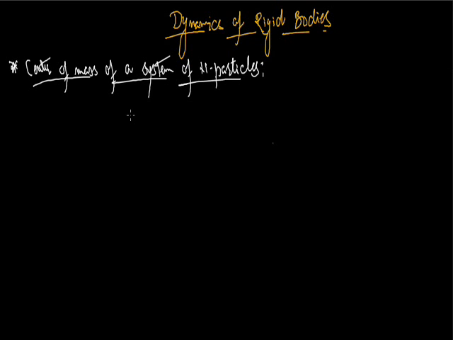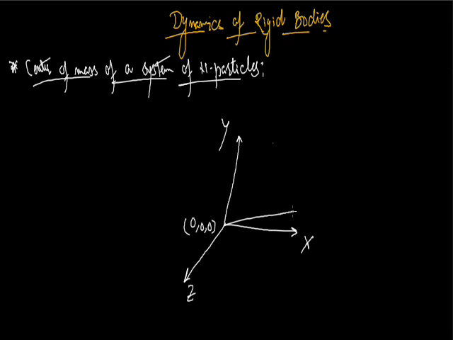For this, we can assume n particles having different masses like m1, m2, m3, and so on. This is for the x coordinate. This is for the y coordinate. This is the origin. Coordinates of the origin are 0, 0, 0. Let us suppose at position vector R1 there is particle M1.